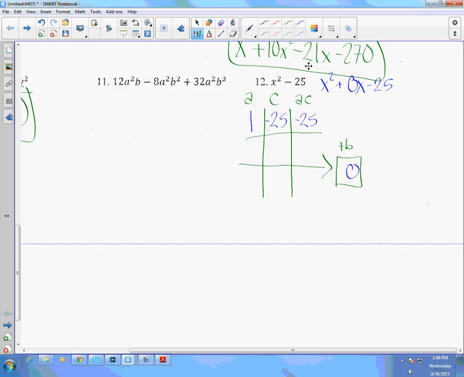It should multiply to negative 25, and it also has to add to 0. Negative 5 times positive 5 is negative 25, yes? To add to 0 it has to be the same number, but one is positive and one is negative.